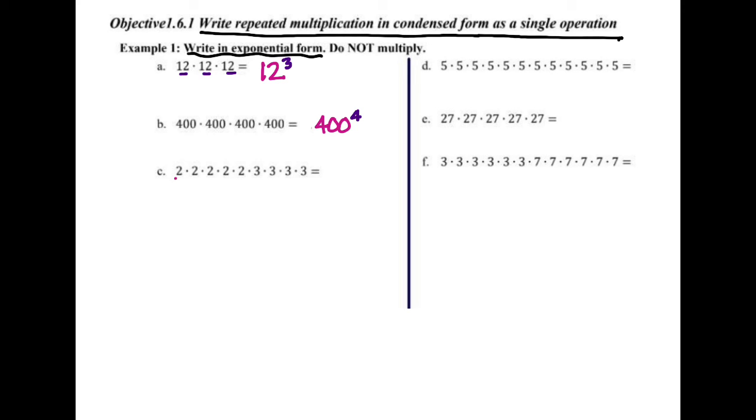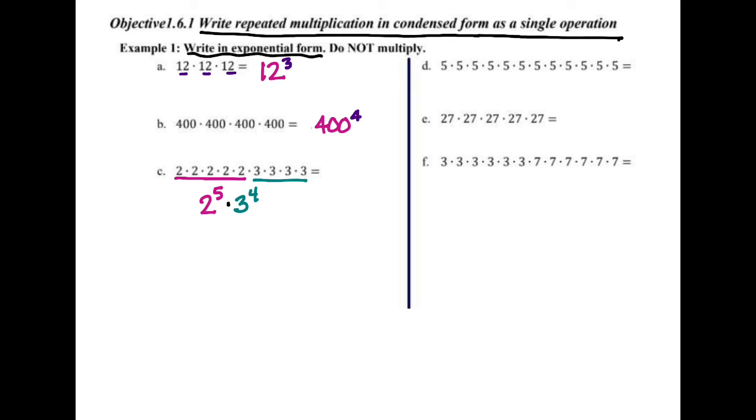Here we have 5 2's, so we're going to go 2 to the 5th. And here we have 4 3's, so it's 3 to the 4th. And you're multiplying those together. That's your answer. We're writing them in exponential form only and not multiplying.